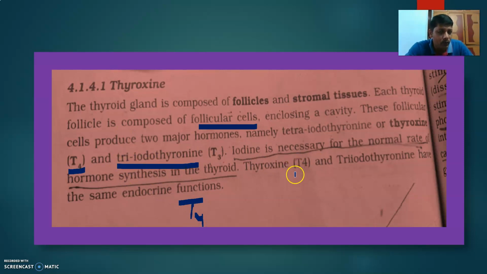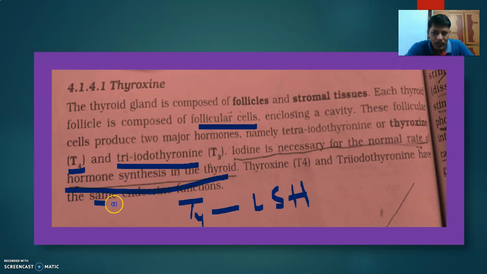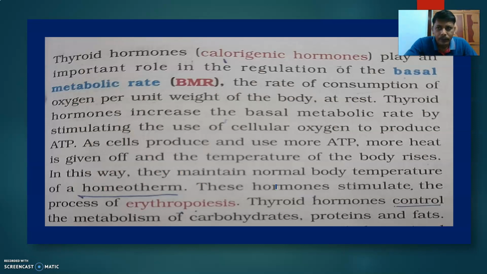These two are the iodothyronines, which are lipid soluble hormones. Iodine is necessary for the normal rate of hormone synthesis in the gland. T4 and T3 have the same endocrine functions; they do not have different endocrine functions.